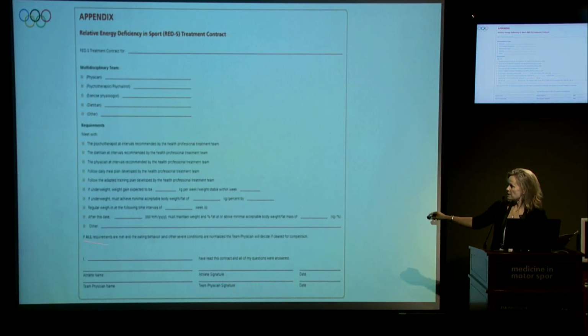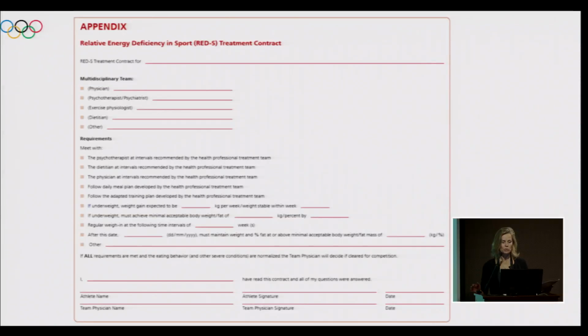And the requirements that the athlete must meet, you tick off the box and you add in the blank what's specific for that particular athlete. And then the time period, the athlete signs, and then the interval of time and how they're monitored is signed at the bottom. So it's a fairly clear guideline to help clinicians in the sports medicine field with the treatment and management of REDS.